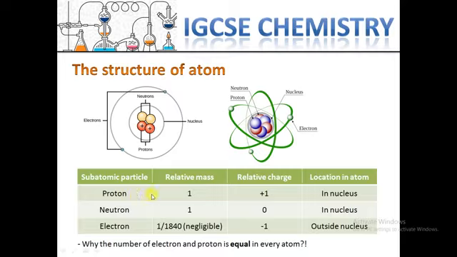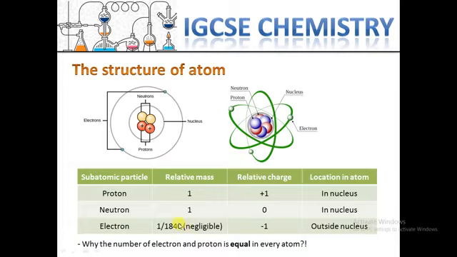The mass of a neutron and a proton are equal, and the electron is very light compared to them, equal to 1 divided by 1840, which is negligible. That means we consider it as 0.